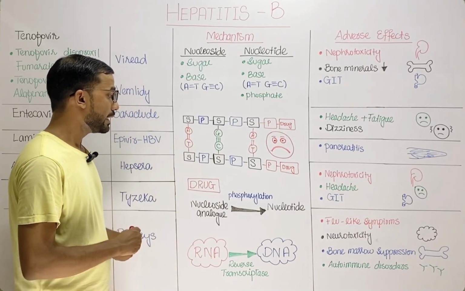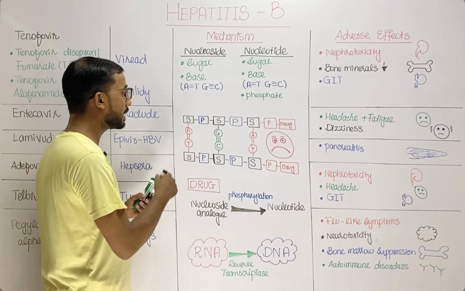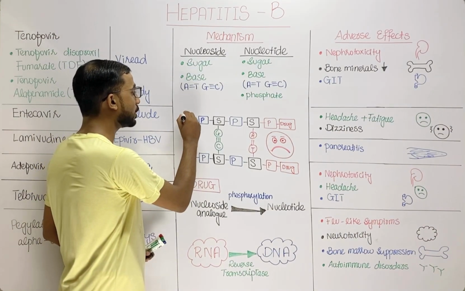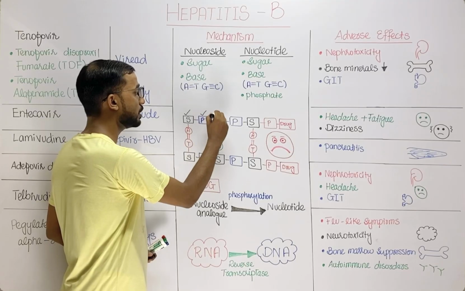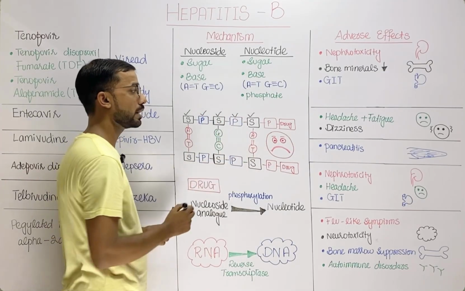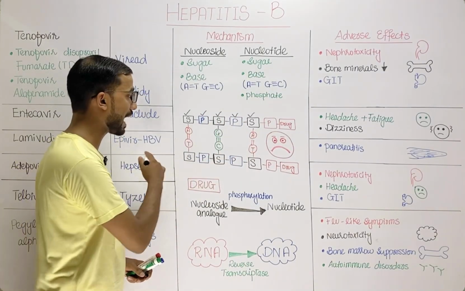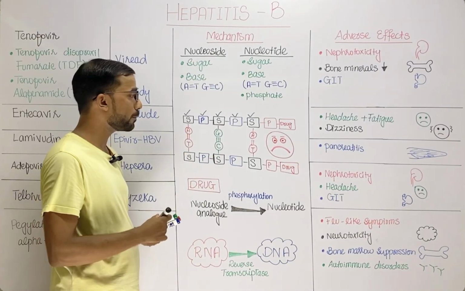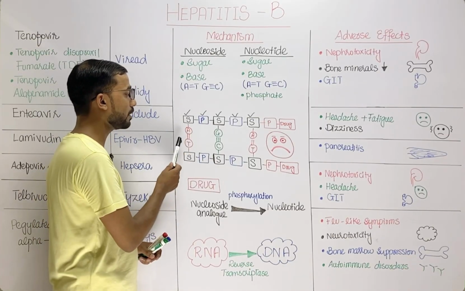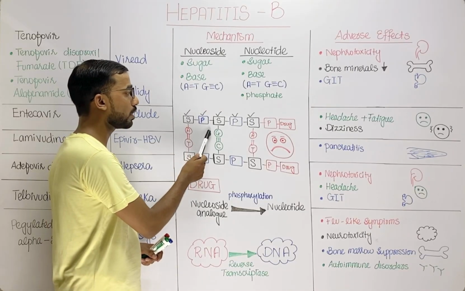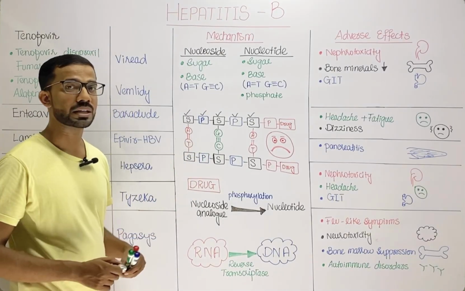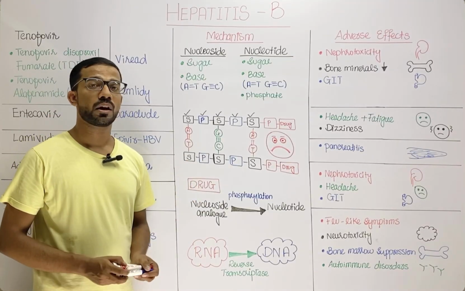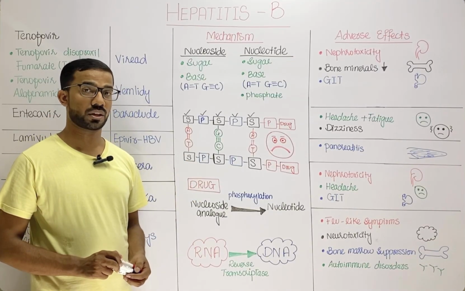Now you will see the structure of the DNA. In the structure of the DNA, you will see the sugar-phosphate backbone on both sides, and in between the backbone, you will see adenine in front of thymine, and guanine in front of cytosine. That will happen with the help of the reverse transcriptase.